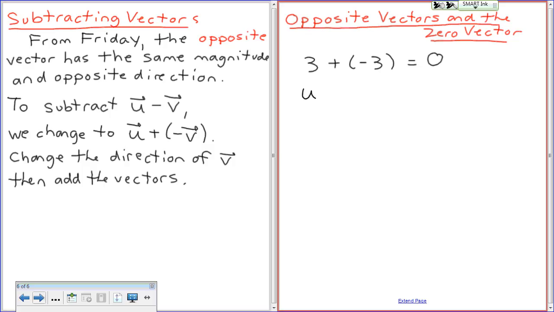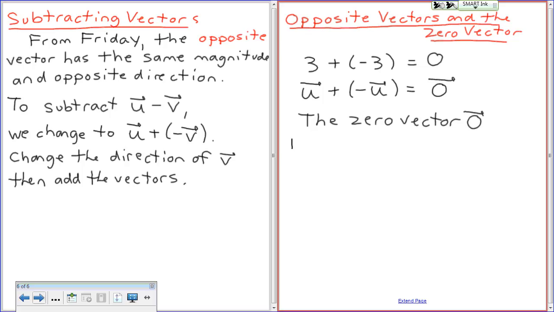We're going to define, in the same way, we're going to say that u plus negative u is equal to the 0 vector. Okay. The 0 vector has no magnitude and no direction.